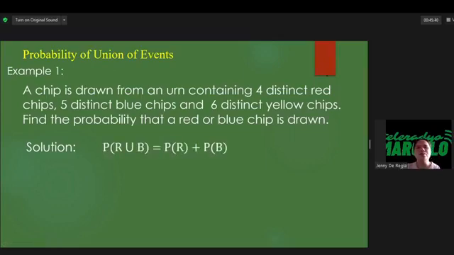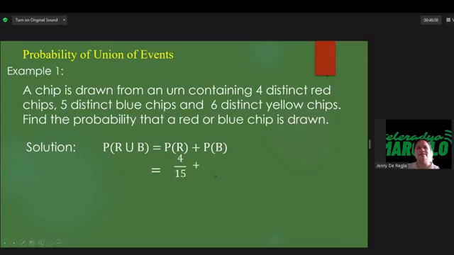because there are distinct colored chips. So that's why we are going to use the probability of getting a red chip or a blue chip equals P(R) plus P(B). So the probability of getting a red chip is equal to 4 over 15 since we have 4 distinct red chips.